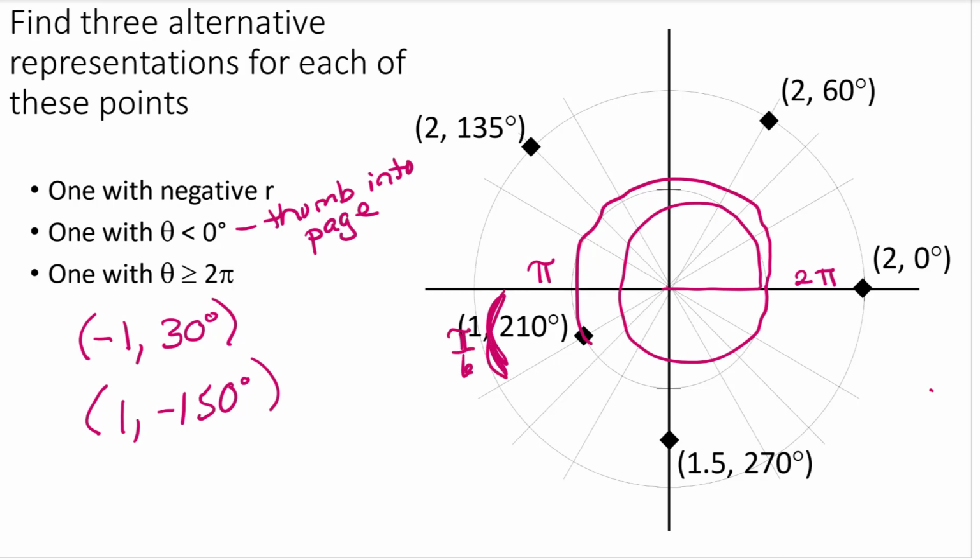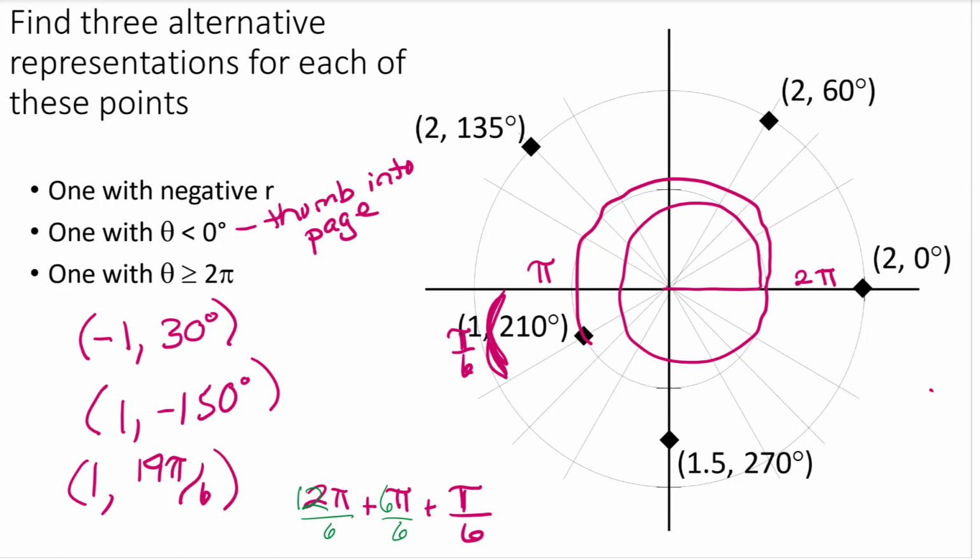Again, just in case you don't have these memorized, 2 pi plus pi over 6, so 12 pi over 6, plus 6 pi over 6, plus pi over 6. I knew I could do this, because 3 times 6 is 18, so it's going to be 19, right? Yes, okay. I can do this in my head, I just can't do it when I show my work. So I have 1 comma 19 pi over 6. Oh, that was amazing. We get to do this 2 more times.